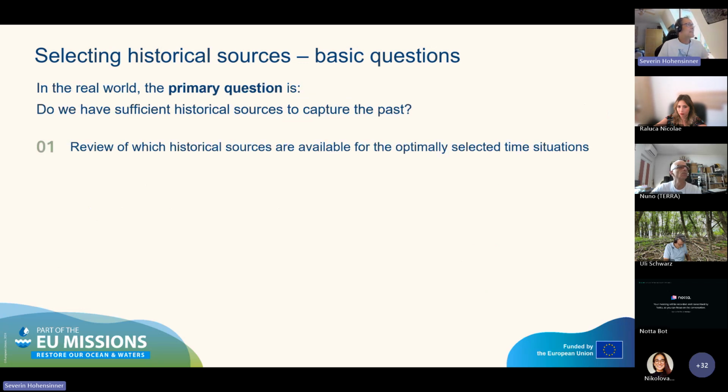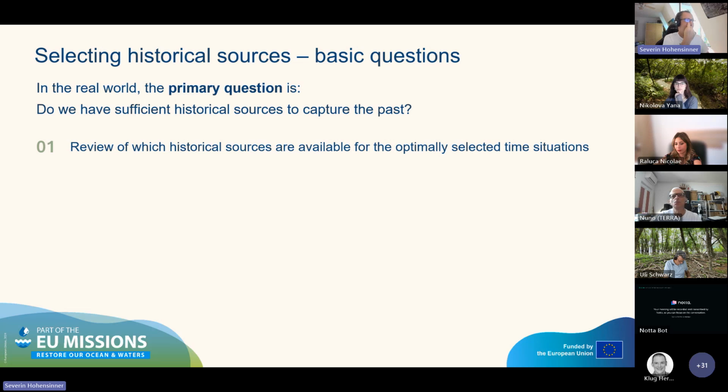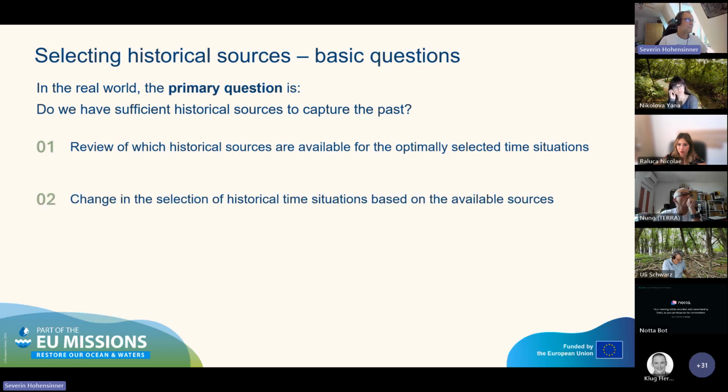But in the real world, the primary question is more: do we have sufficient historical sources to capture the past? This means a review has to be done of which historical sources are available for the optimally selected time situations.